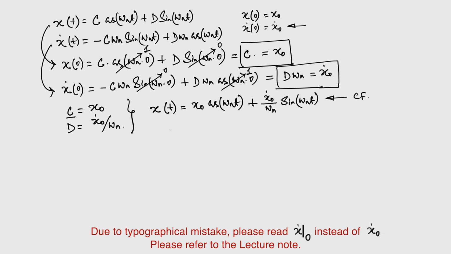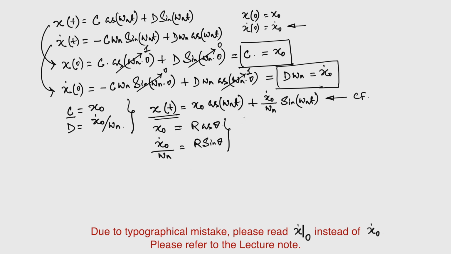Obviously, if we assume x naught is equal to r cos theta and x naught dot by omega n is equal to r sin theta, then using this we can further find out this solution in a more compact form.